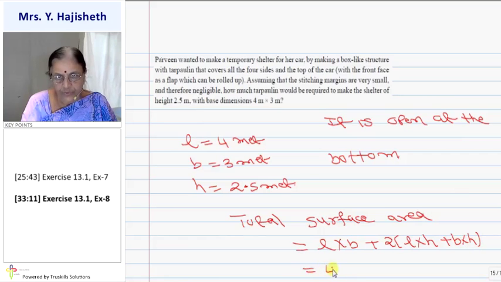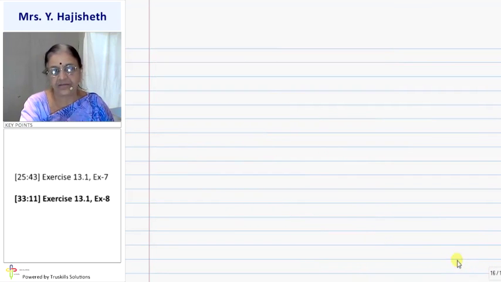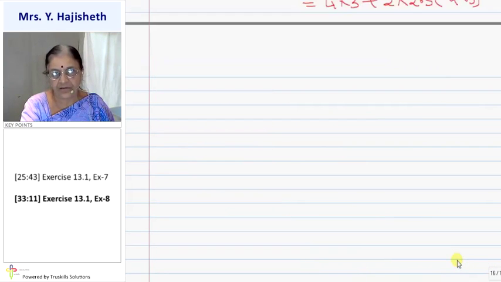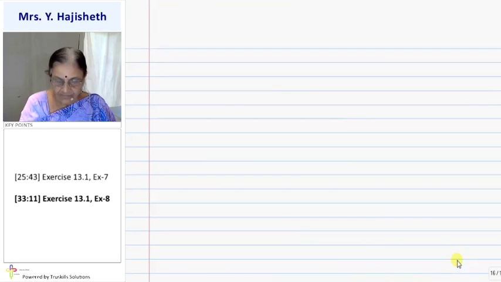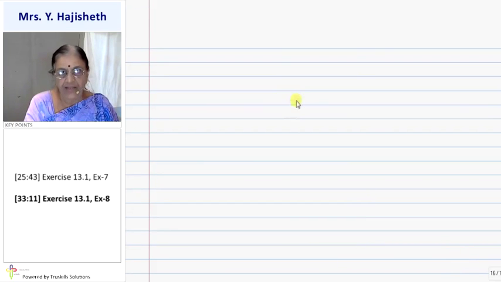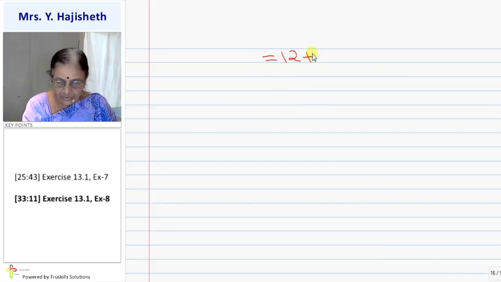L into B is 4 into 3. 2 times H, take out 2.5, and L plus B is 4 plus 3. So my calculation is coming 12 plus 2.5 into 2, 5 into 7.